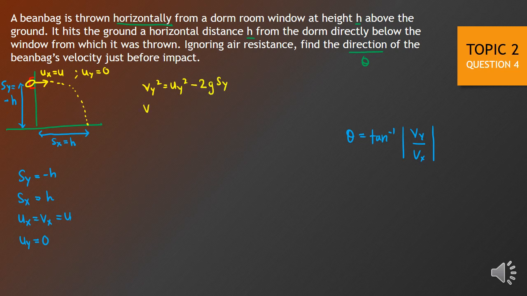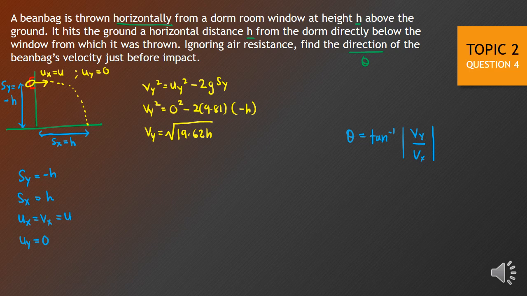So vy squared would equal 0 squared minus 2 times 9.81, and sy would be equal to negative h. Therefore, our vy is equal to the square root of 19.62h. As a function of h, it is the square root of 19.62h.